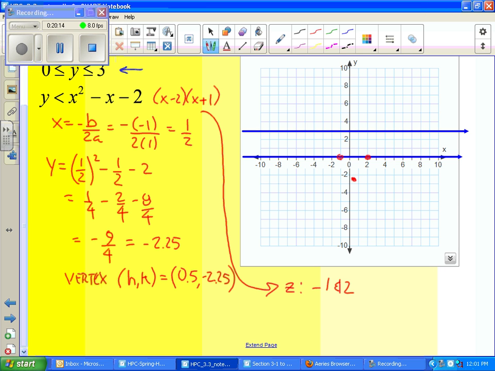At this point I don't need those x-intercepts. Because I have a vertex and no vertical stretches or shrinks, no a term other than 1, I could have used my critical movements: left 2, up 4, right 2, up 4, left 1, up 1, right 1, up 1. Anyway, I would get my curve. Oh no, wait, this was not solid, so there's a dash we're going to apply. We're going to get something that looks like this.